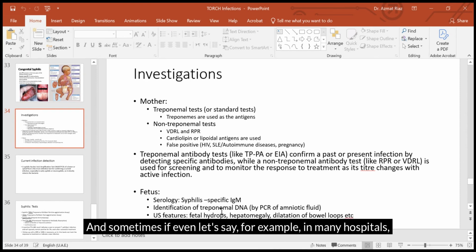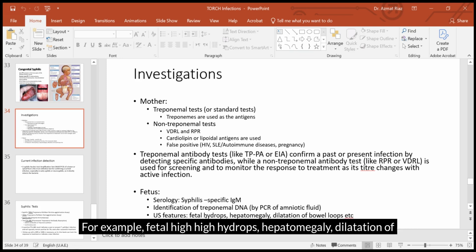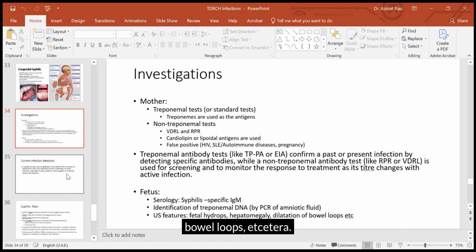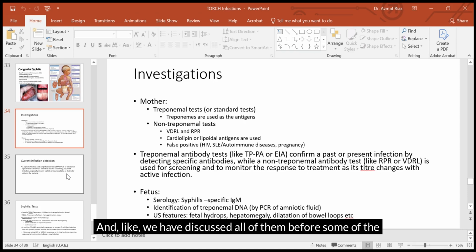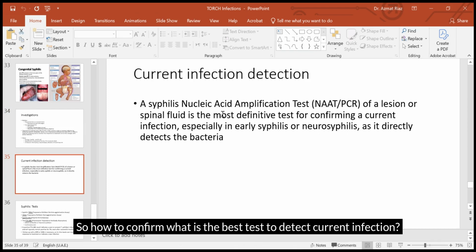Sometimes, for example, in many hospitals there is no fetal medicine unit, or the insurance does not cover it, or the patient declines amniocentesis. Then sometimes ultrasound features are suggestive, for example fetal hydrops, hepatomegaly, dilatation of bowel loops, etc. We have discussed all of them before. So what is the best test to detect current infection?